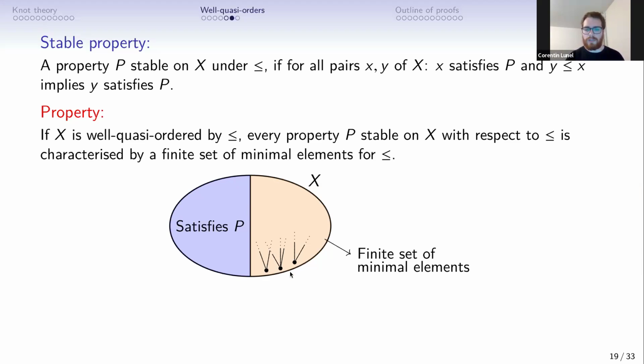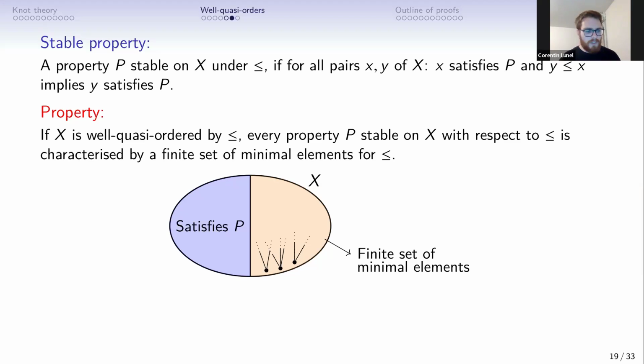And because the set is well-quasi-ordered, the family of minimal elements is finite. Because the property is stable, belonging to the complement of this set is equivalent to not being in relation with any of these minimal elements. And that's how you prove that whenever you have a set X that is well-quasi-ordered, every property stable for your relation is characterized by a finite set of minimal elements.